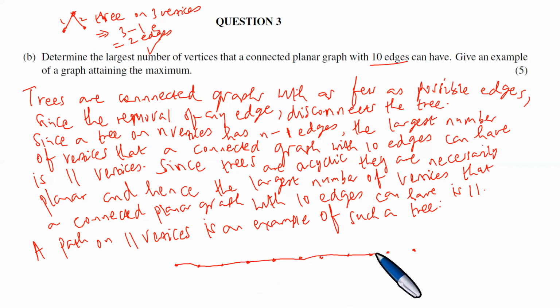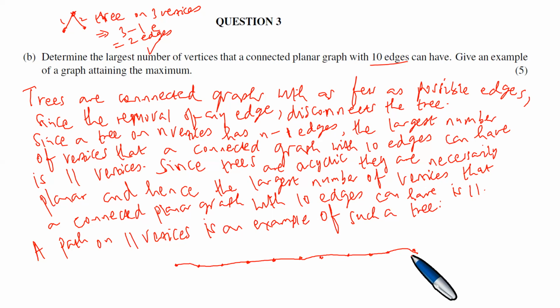You can just draw a line and then put the dots on, just to make sure that your line is straight and neat. So a path on 11 vertices is an example, and the edges themselves are always one less.